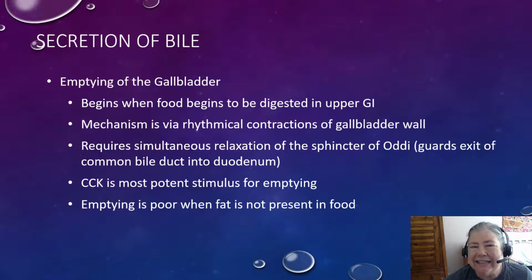Emptying doesn't occur nearly as well when there's not fat in the food. A fat-free meal will not cause the release of cholecystokinin and contraction of the gallbladder. On the other hand, I'm sure you've all heard of people with gallstones whose pain starts, sometimes really severe, after eating a fatty meal.